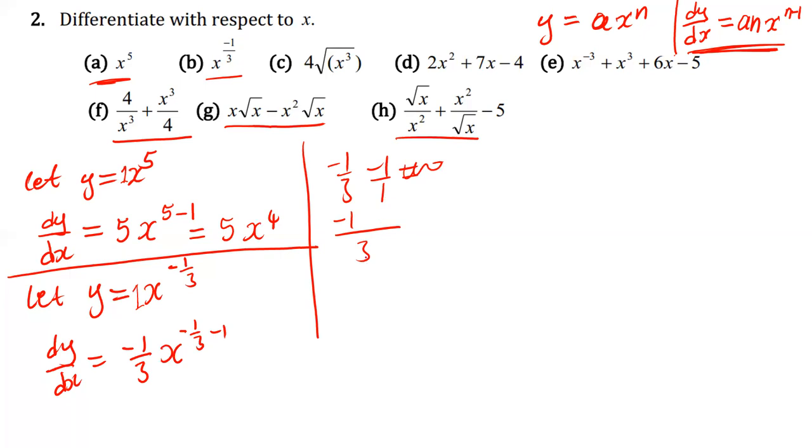Then 1 into 3, the answer is 3, and 3 times negative 1 gives negative 3. When you add the numerators, you get negative 4 over 3. So the final expression of this answer will be negative 1 over 3, then x to the power negative 4 over 3. This is the solution to this question. Okay, do you have any questions before I proceed to the next one?